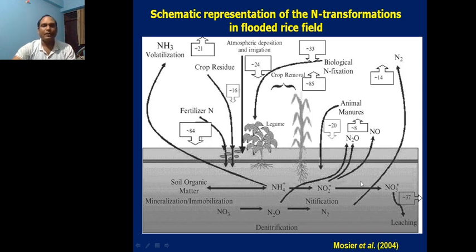Nitrate ion also may be lost by leaching. And one of the major nitrogen removals from the soil environment is crop removal, which is desired in our agroecosystems. Crop removal can increase the crop productions, food grain productions.